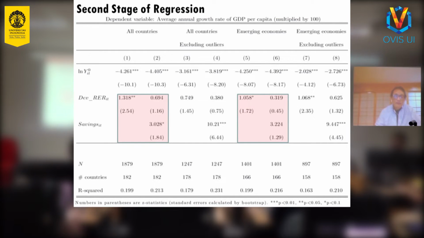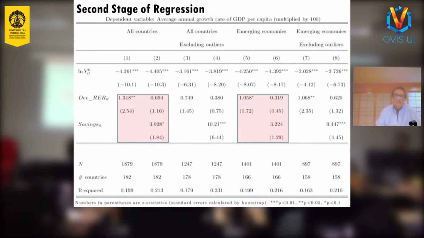Now, the first two columns are for all countries in the sample. Now they break down into emerging economies. If you're interested in countries like Indonesia, maybe we have to look at the emerging economies.